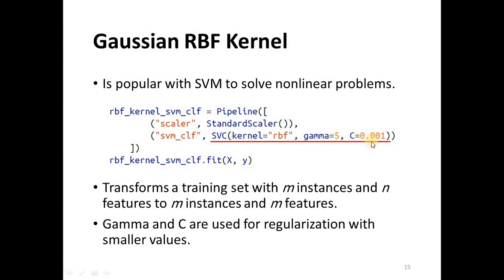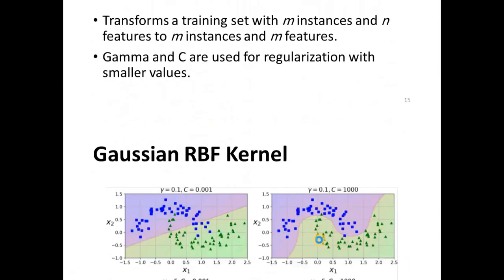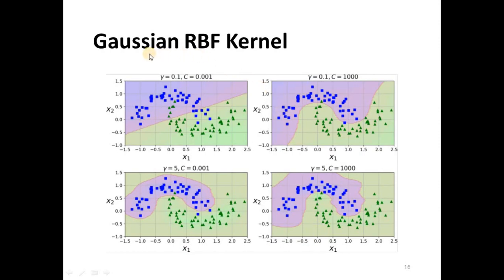The gamma and C hyperparameters are used for regularization, with smaller values meaning more regularization. If you have overfitting, then choose smaller gamma and C. Here we have the Gaussian RBF kernel with gamma equals 5 and C 0.001.